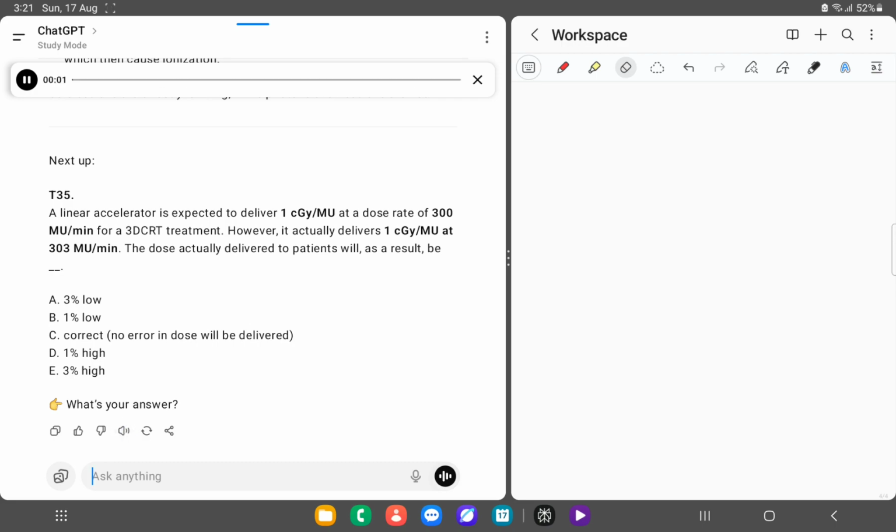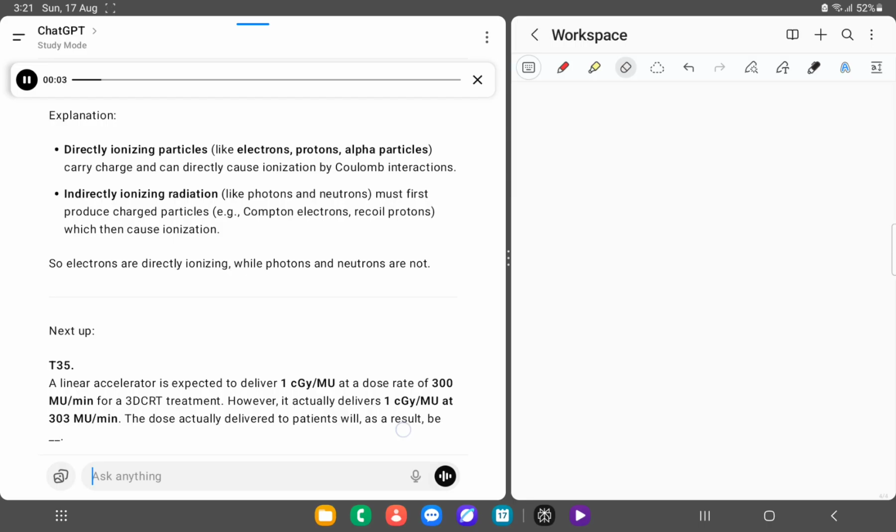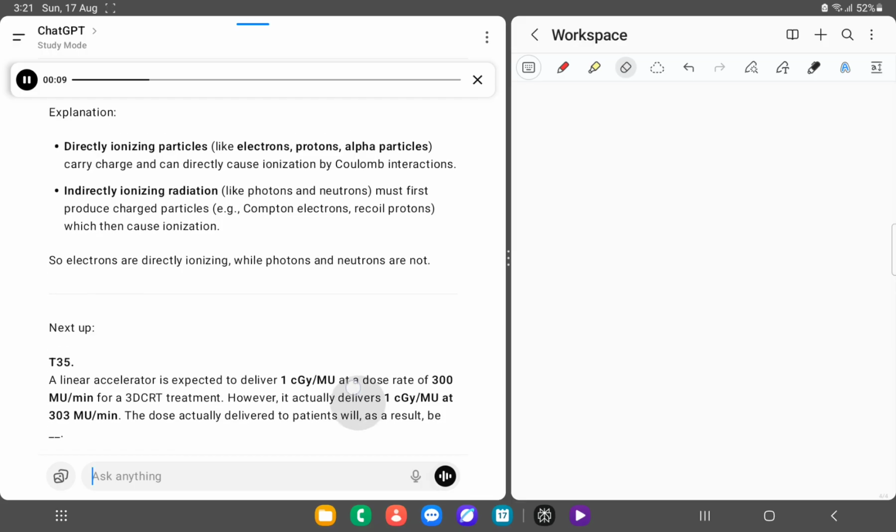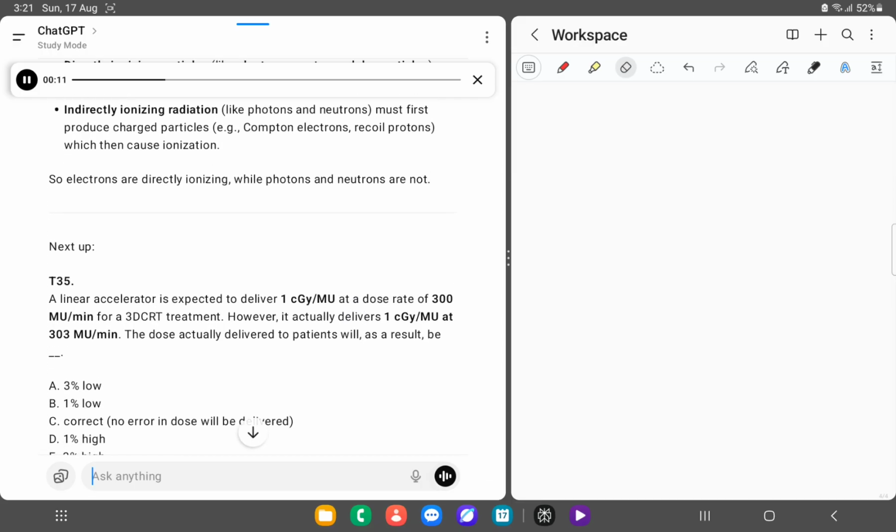B, electron. Explanation: directly ionizing particles like electrons, protons, alpha particles carry charge and can directly cause ionization by Coulomb interactions. Indirectly ionizing radiation like photons and neutrons must first produce charged particles, e.g. Compton electrons, recoil protons, which then cause ionization. So electrons are directly ionizing while photons and neutrons are not.